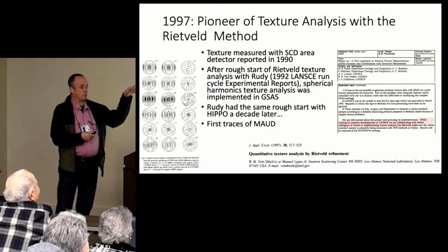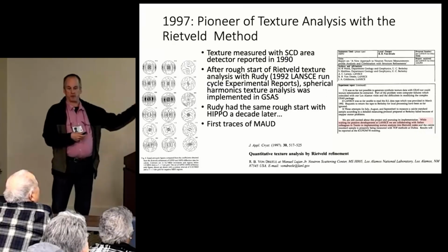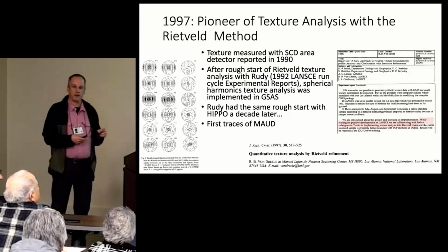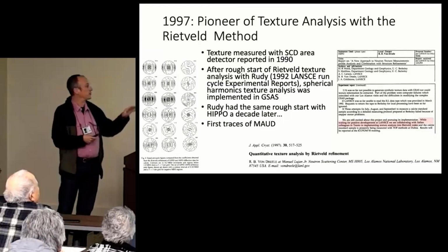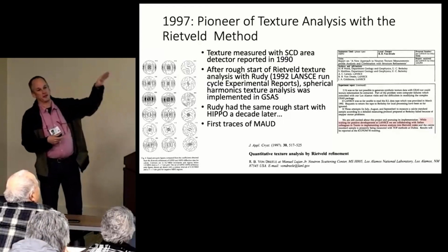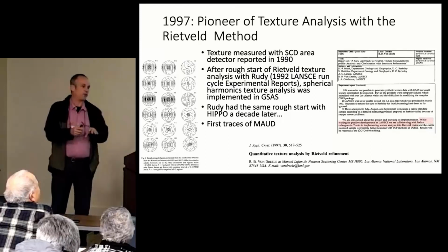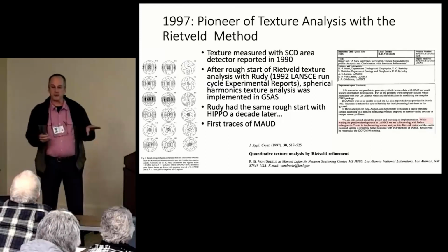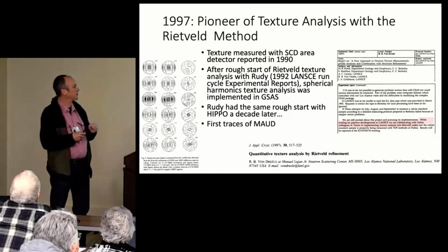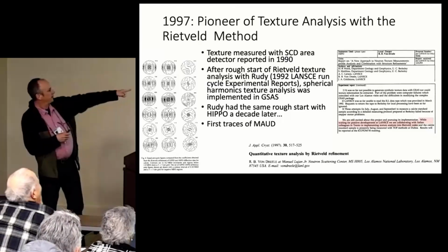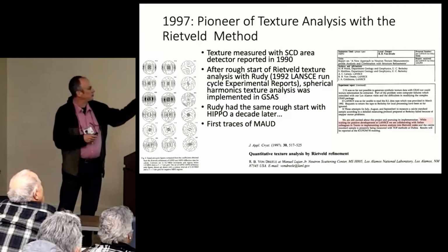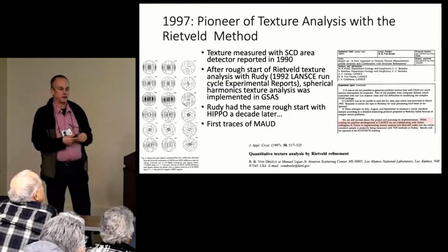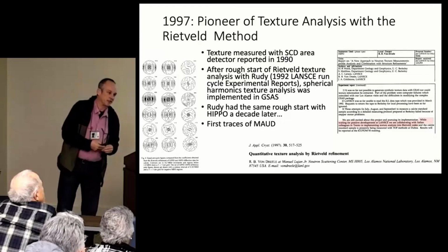And Rudy complained about problems such as computers not working, some tapes from ILL couldn't be read, and stepper motors not working. So this was 1992, and then in 2002, Rudy came back and had the same problems on HIPPO, that nothing really worked, and he was complaining a little bit about that. And then in the red highlighted area, you see this nucleation of the MAUD code, where Rudy reached out to that guy in Trento to do texture analysis.